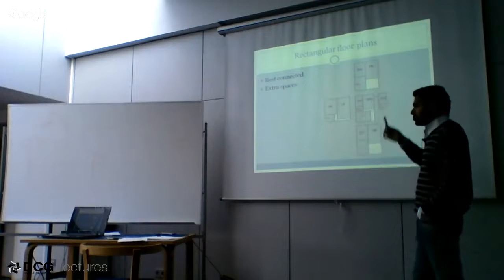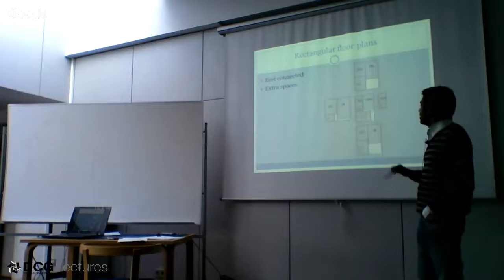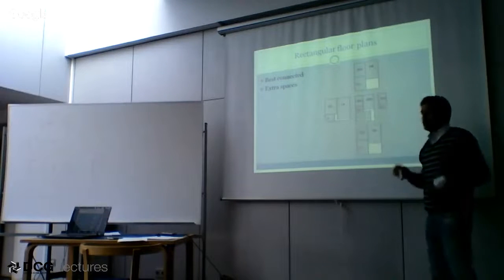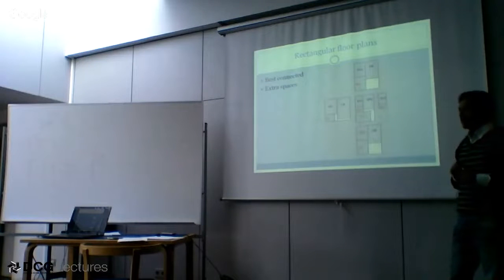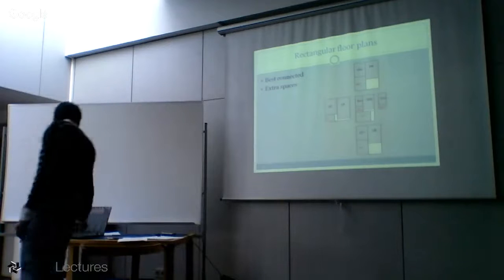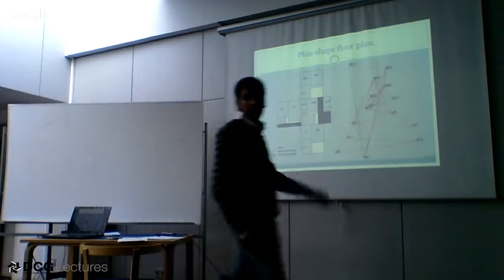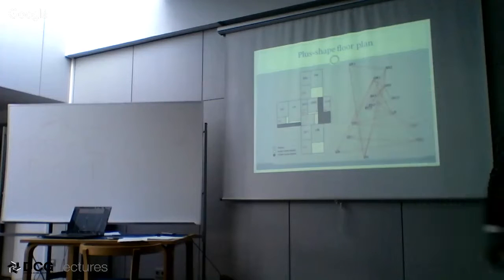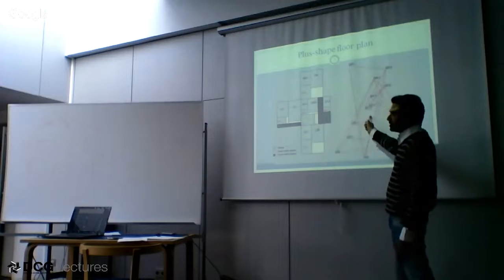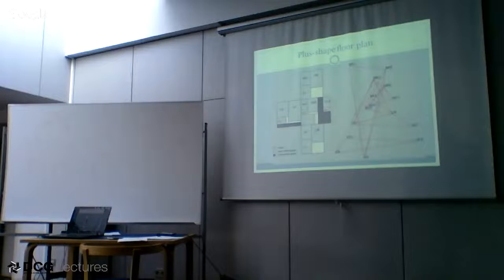So corresponding to each group, we construct a best connected floor plan, and since the dimensions are not in our hand, there is no guarantee that they will fit in the shape of the rectangle. So we introduce these kind of extra spaces so that the shape will remain rectangle, and then we adjoin these 5 rectangles to have the plus shape floor plan, which has some extra spaces, and at the same time it automatically generates the graph of this floor plan.